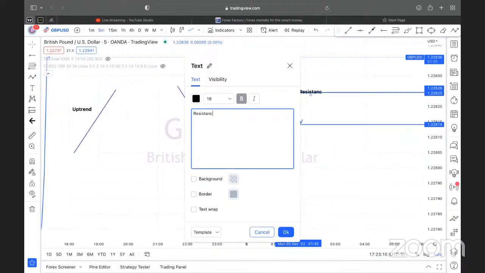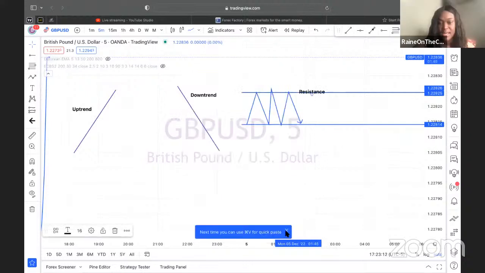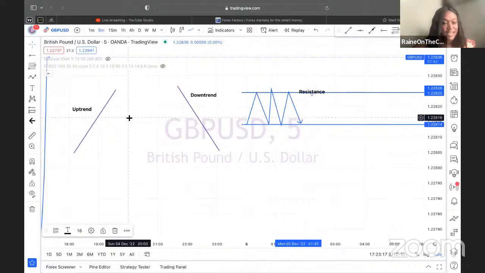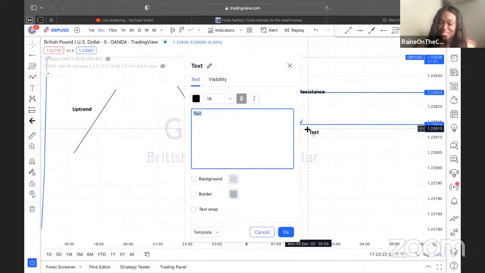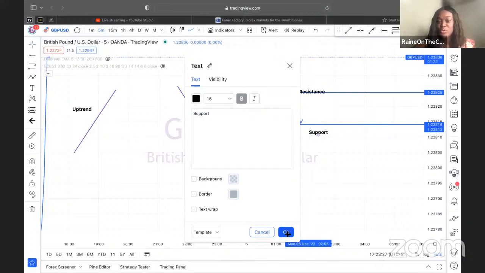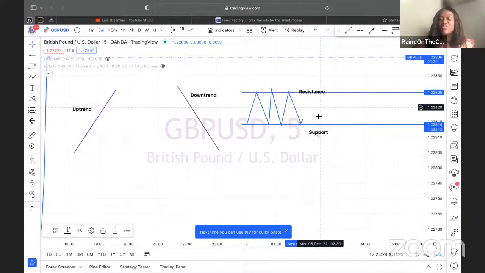And then what's the bottom called? Support. Yes, support or the floor, right? Support or the floor, resistance or the ceiling.